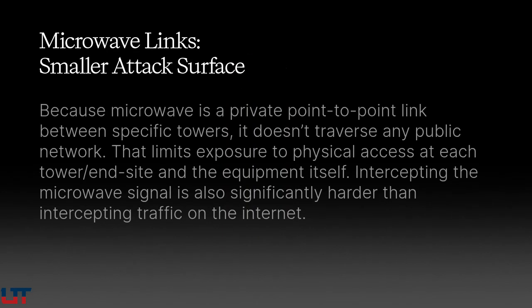Because microwave is a private point-to-point link between specific towers, it doesn't traverse any public network. The attack surface is limited to physical access to the towers and equipment on both ends, and interception of the microwave signal itself, which is much harder than intercepting internet traffic.